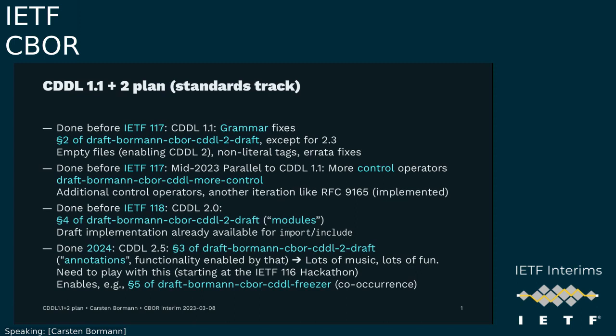Let me give an example of how we dealt with that recently. There has been a tag 38 around for almost a decade now that tells you how to provide language tag information with some CBOR text string. And that was essentially just a GitHub repo. It wasn't even an internet draft that defined that thing.